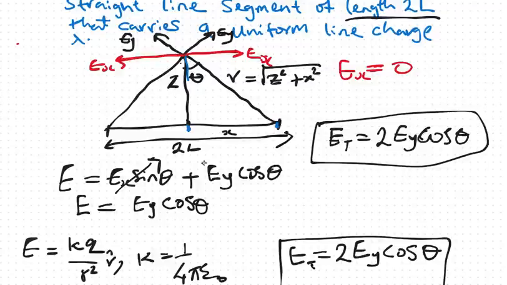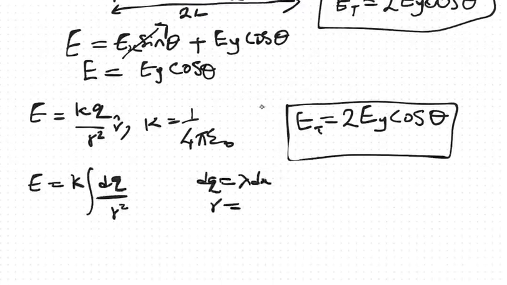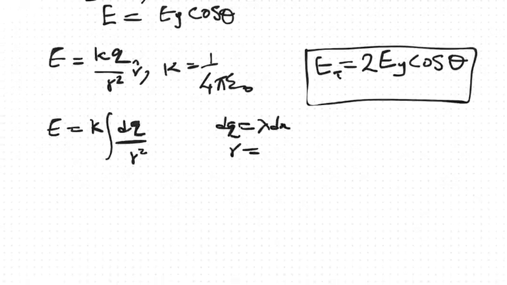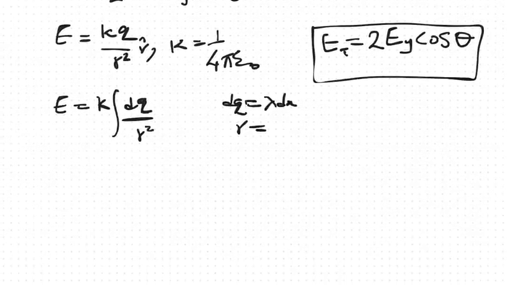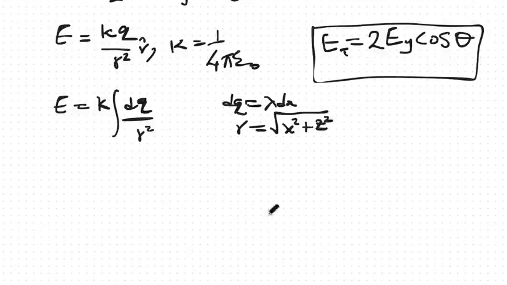So let's go back to it. R is the square root of x squared plus z squared, right? And using that same triangle, we can find cos theta.